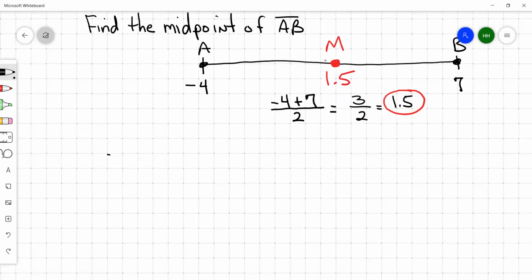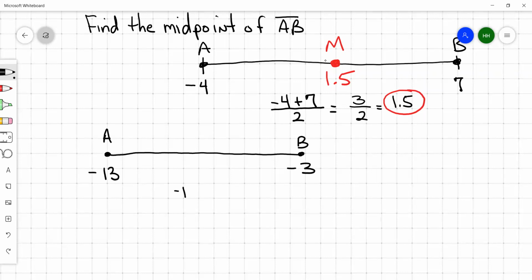Let's say your segment looked like this. It had A and B, and you're finding the middle of A and B again. Let's say A is at negative 13. Let's say point B is at negative 3. And you have to find the midpoint of this segment. Same deal.